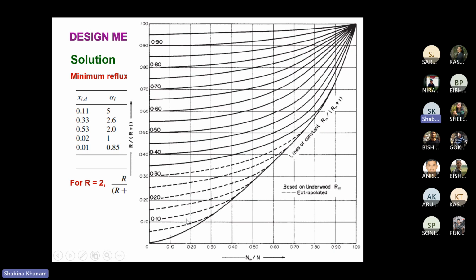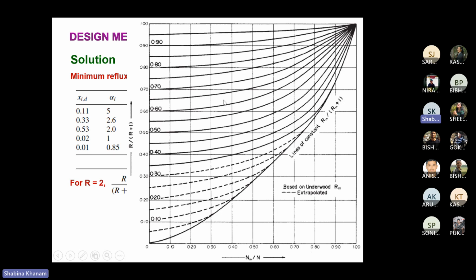And R by R plus 1 is 0.66, so 0.6 and 6 or somewhere over here. So you can take the value like this, wherever it will cut this line. I hope you are getting this. 0.66 should be here.